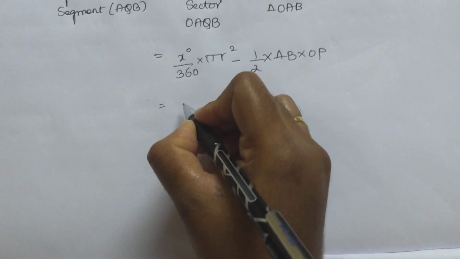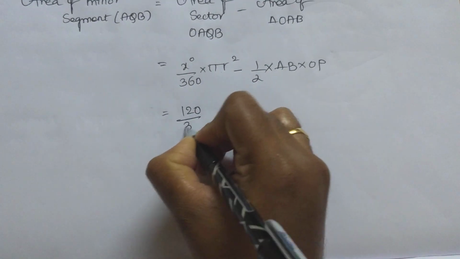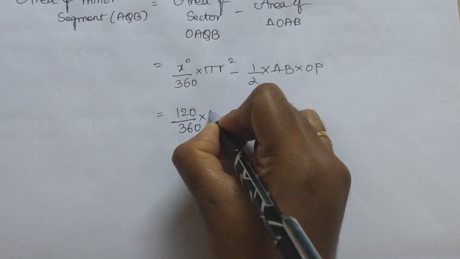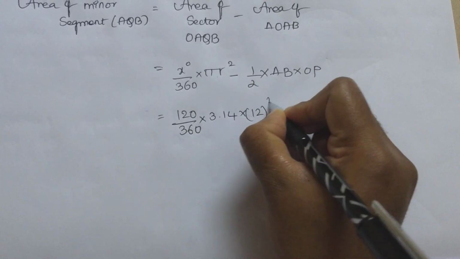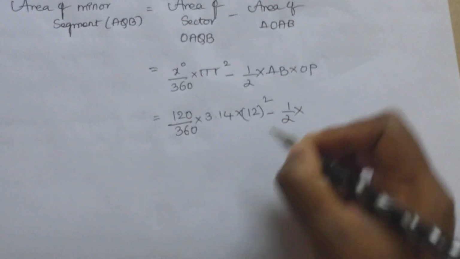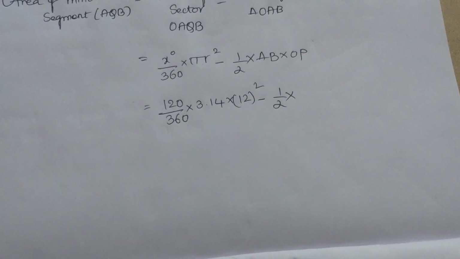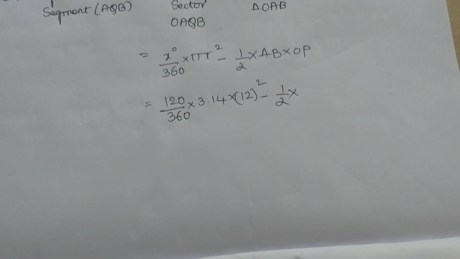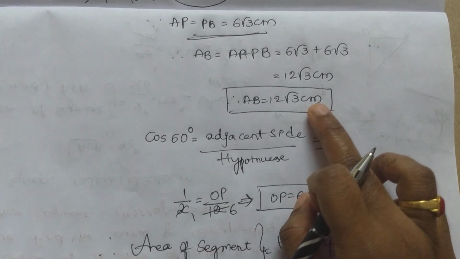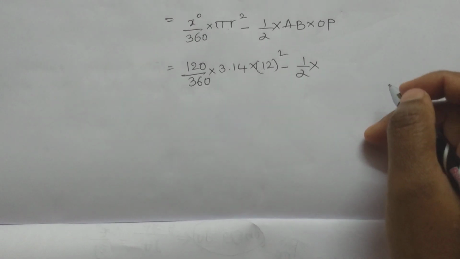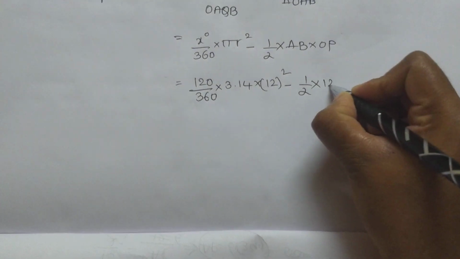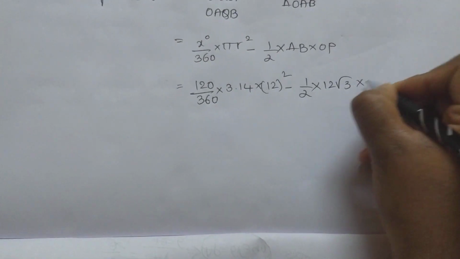See here, 120 by 360 into, they have given the pi value as 3.14. What is the radius? It is 12 square. Minus 1 by 2 into, let's see what is the value of AB and OP. See here, AB is 12 root 3, OP is 6. Right, here 1 by 2 into 12 root 3 into 6.